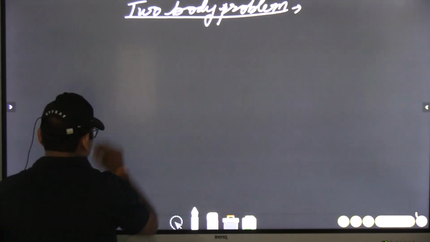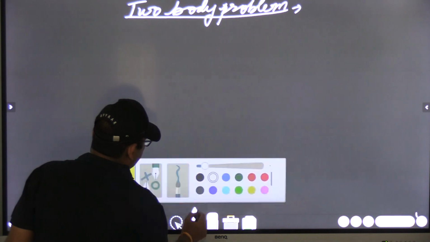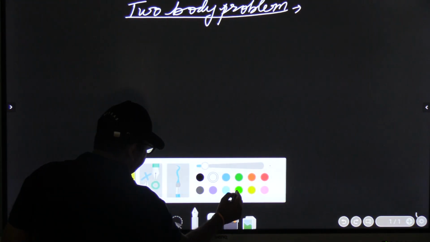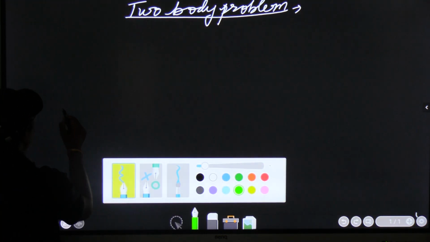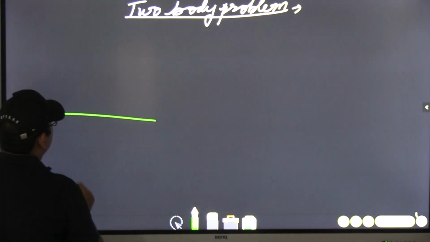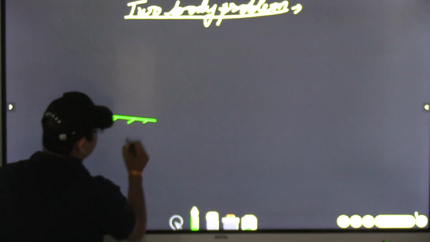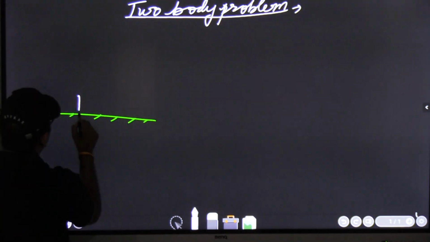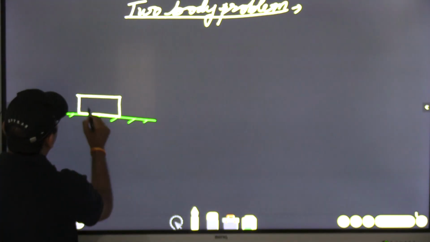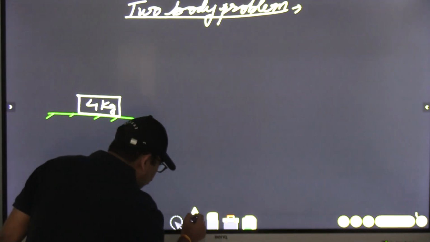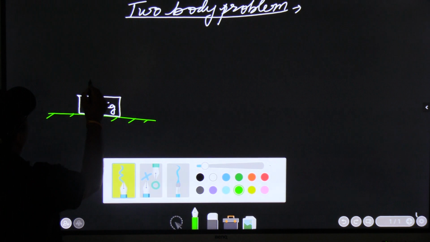Suppose there are two blocks, and let me give some numerical values also. Suppose there is a rough surface, and there are two blocks. The lower block is of mass 4 kg. Over this block there is another block of mass 2 kg.